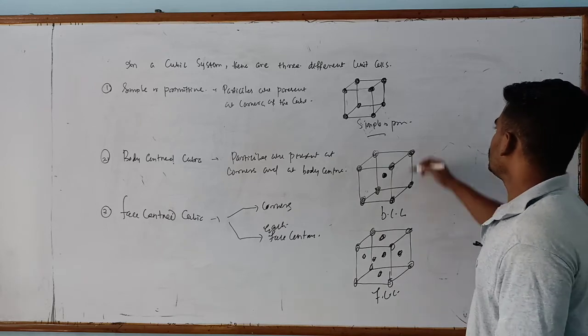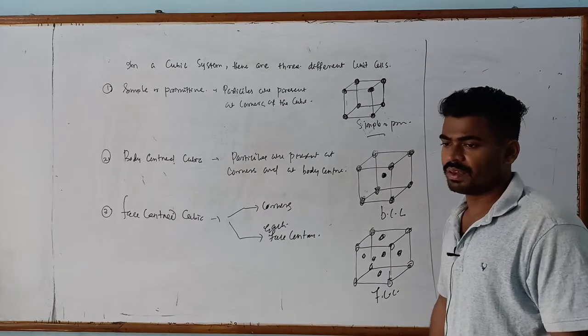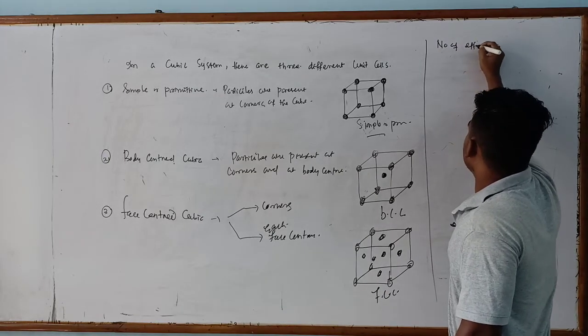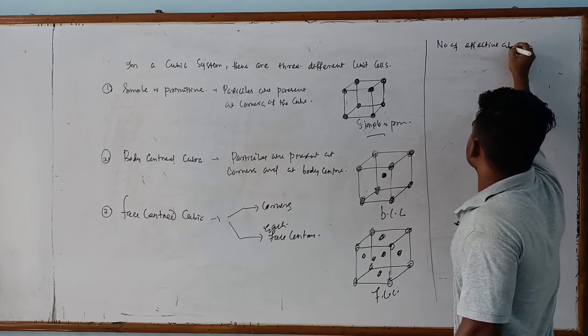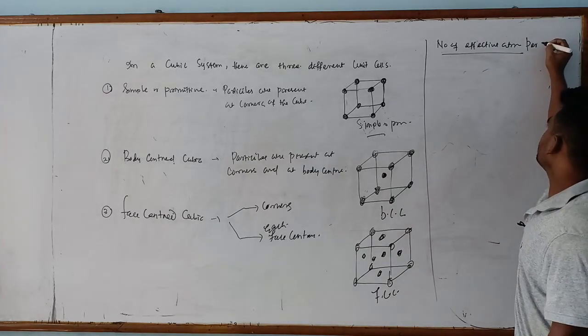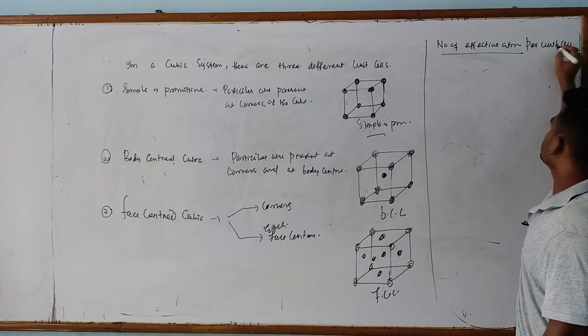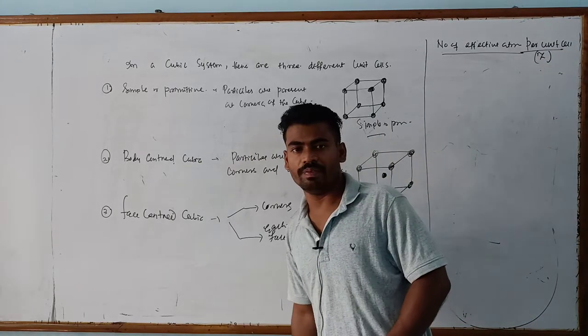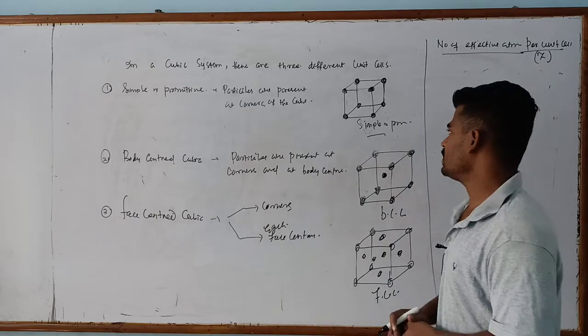Is that clear? So let us calculate the number of effective atoms. How many effective atoms are present per unit cell? That is designated by Z, or rank of unit cell. That means how many effective atoms are present in a unit cell.